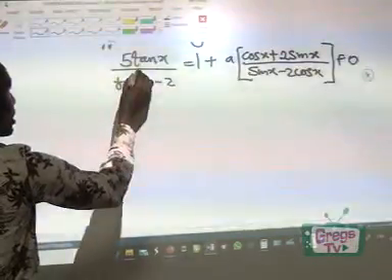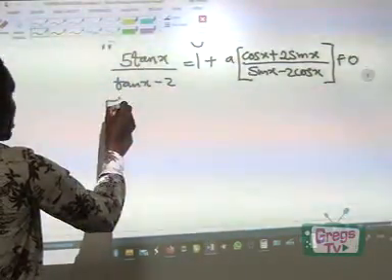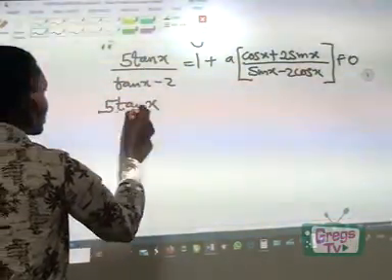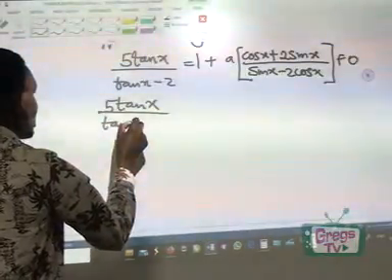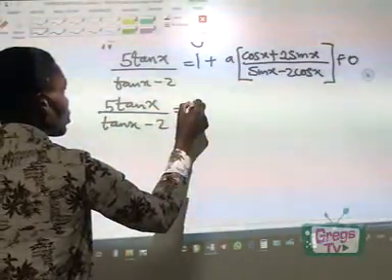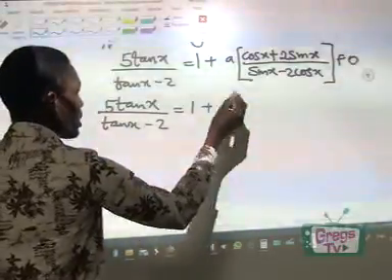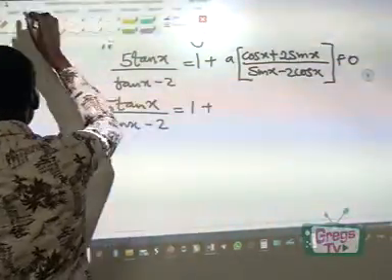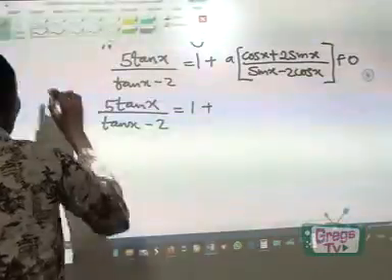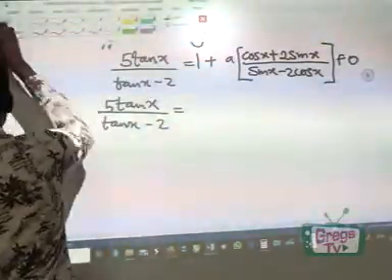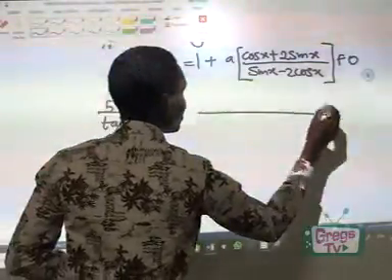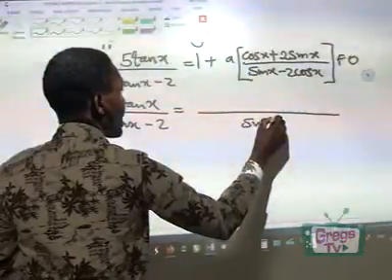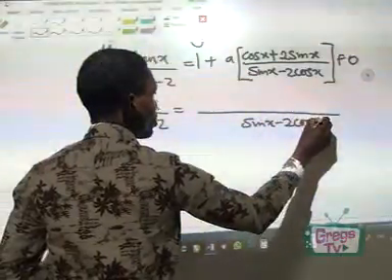That means here I'm going to have 5 tan x over tan x minus 2 equal to 1 plus, here it will be good for me to just find the LCM straight. The LCM is going to be sin x minus 2 cos x.